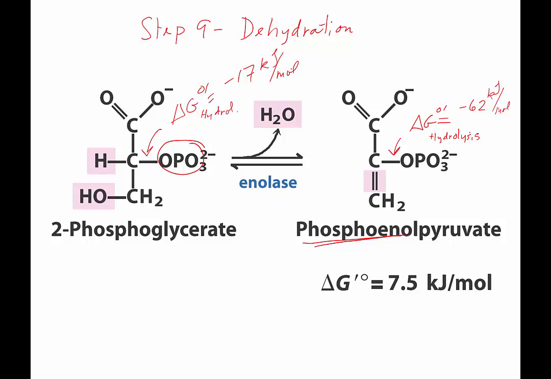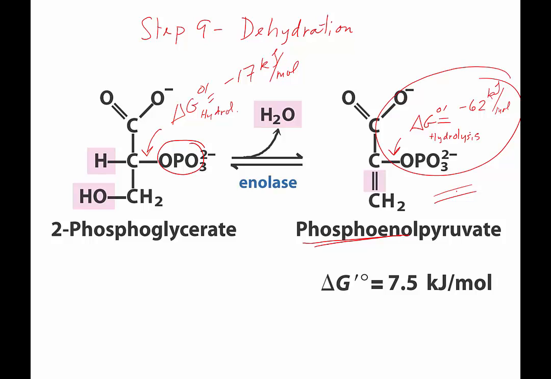Now, if we were to convert this to pyruvate, we are not going to have enough energy to make ATP. But by carrying out this dehydration reaction, we rearrange the energy within the molecule. This redistribution of energy leads to this large standard energy of hydrolysis, which allows us then to drive the next reaction forward.